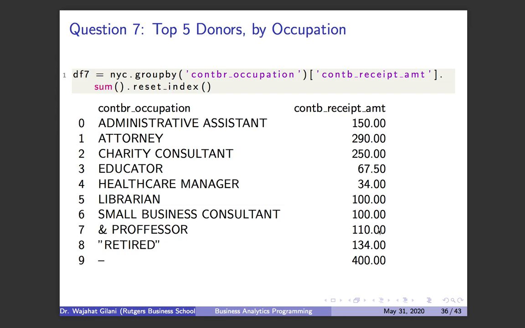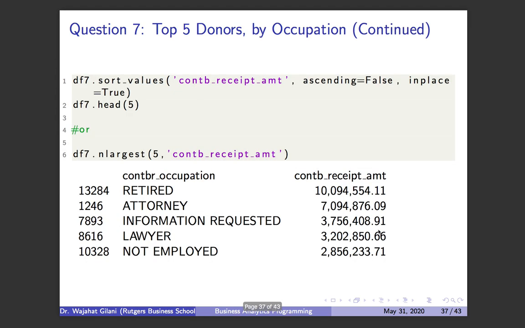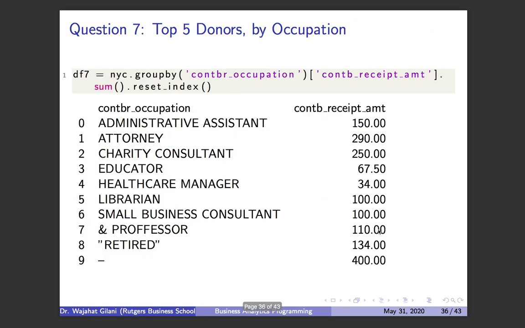I want to take the occupation column, which is the CONTBR_occupation column, and aggregate it to see the total amount each occupation donated, and I just want to see the top 5. I'm going to do this 2 different ways here for number 7.